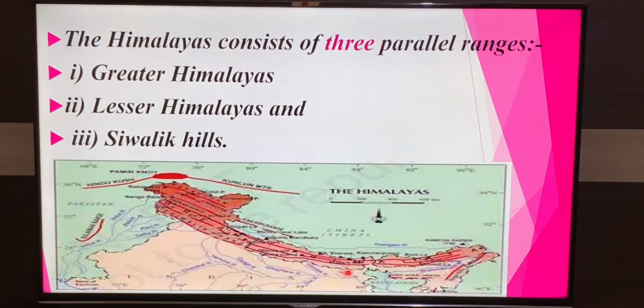This is Siwalik Hills. On the top, that is in the north, we call it Greater Himalaya, and in between we call it Lesser Himalaya, and the foothills of Himalaya are called Siwalik Hills.